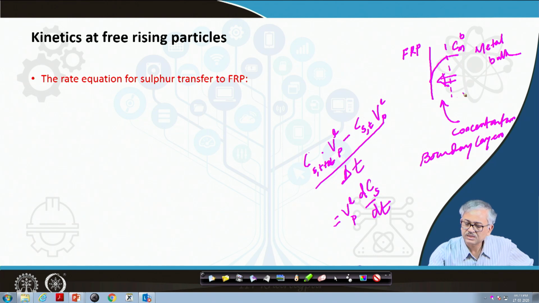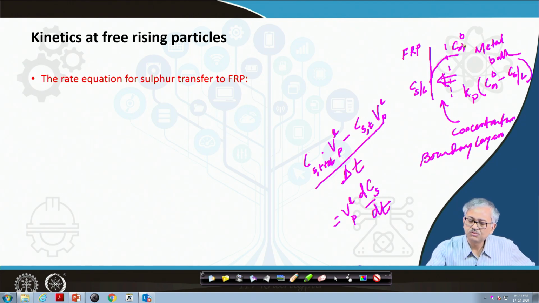This flux can be defined as Km, the mass transfer coefficient, in the particle you can simply call it Kp, into the concentration difference, that is CMB minus CS by L. CS is the concentration at any time T, and CS by L is the corresponding equilibrium composition in the metal phase.